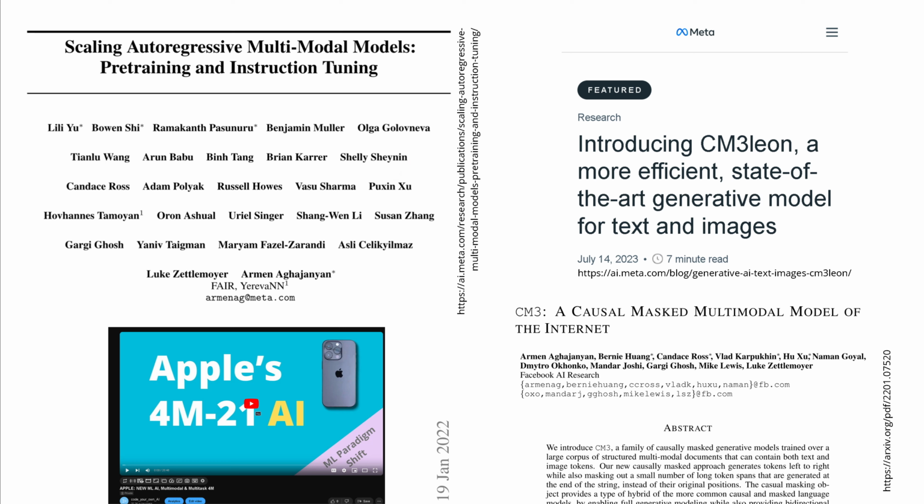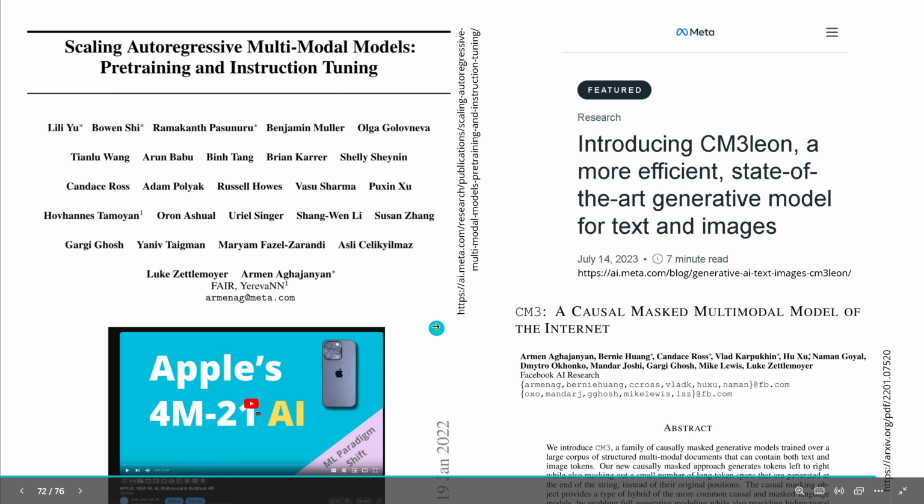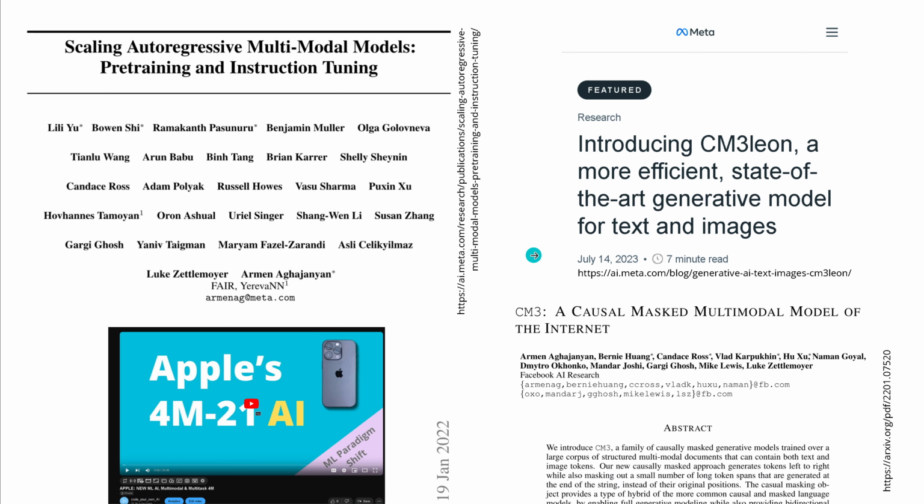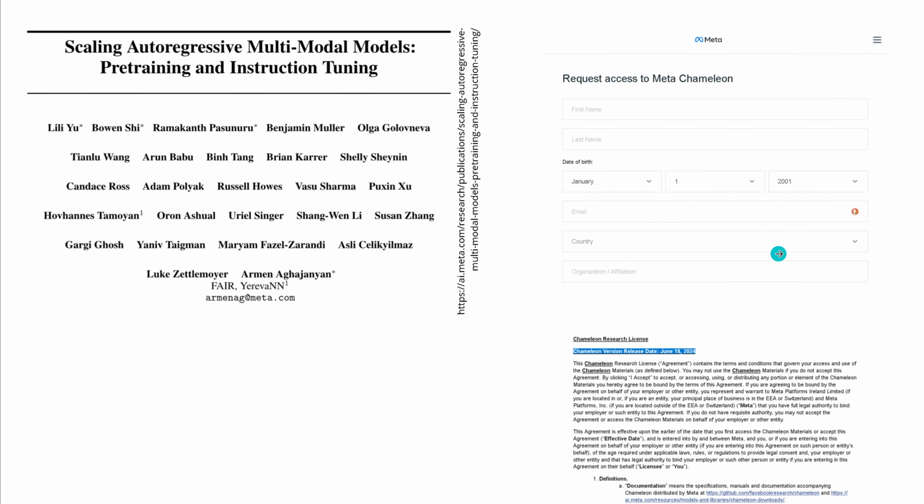Almost on the same day as Apple published its 4M21 model, also a multimodal model that has a really similar technology under the hood. And you know me, I wanted to have access to this model, so I went there and I clicked on this, and you know what I got from Meta? A form you have to fill out to request access to the Meta Chameleon AI system.